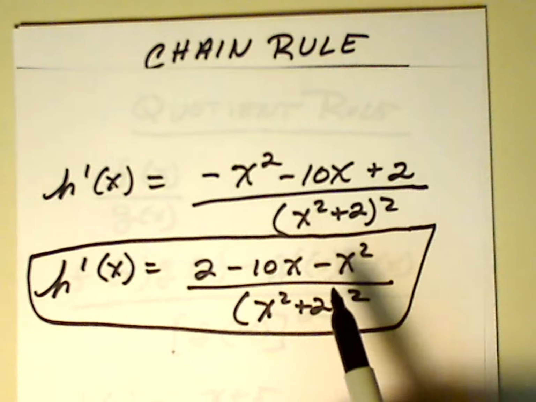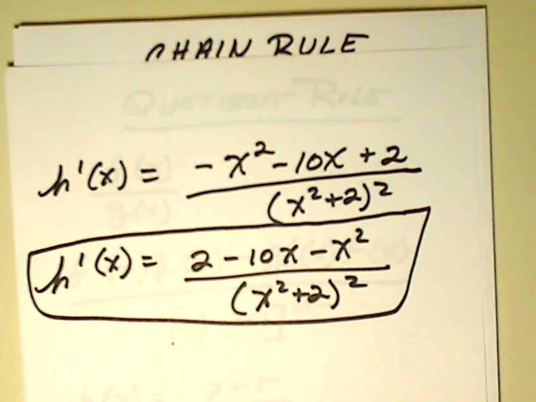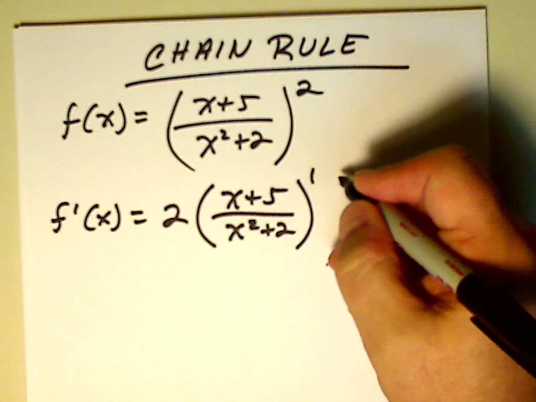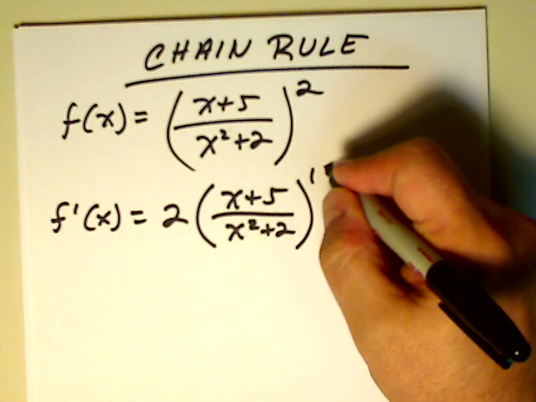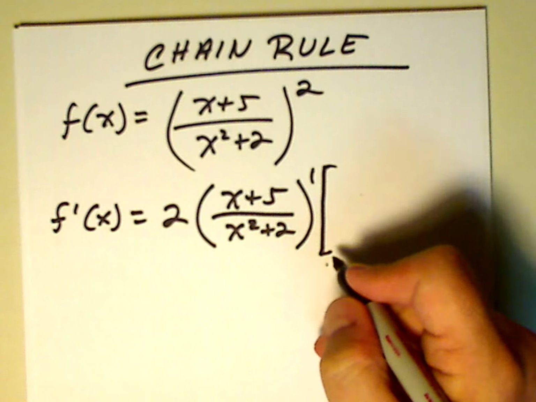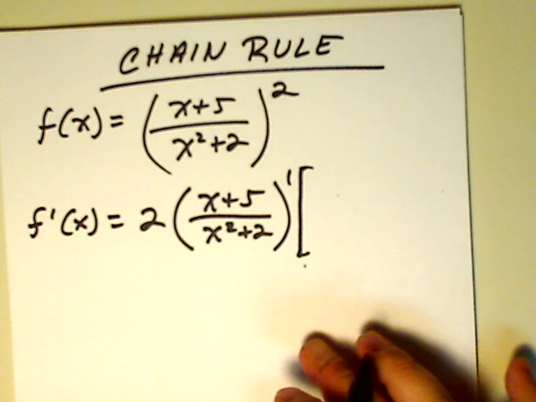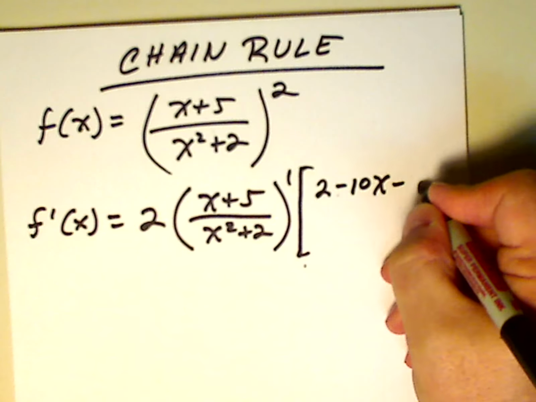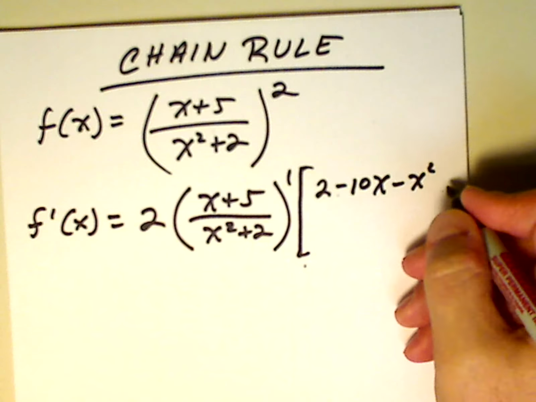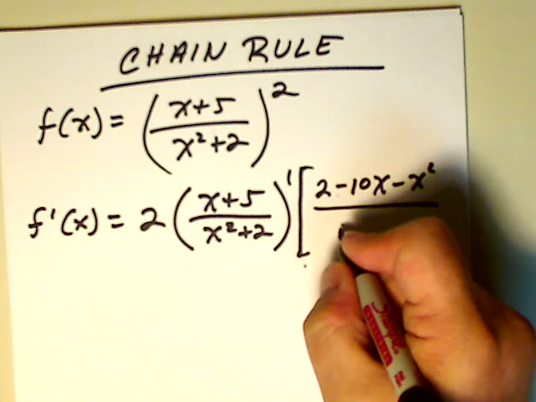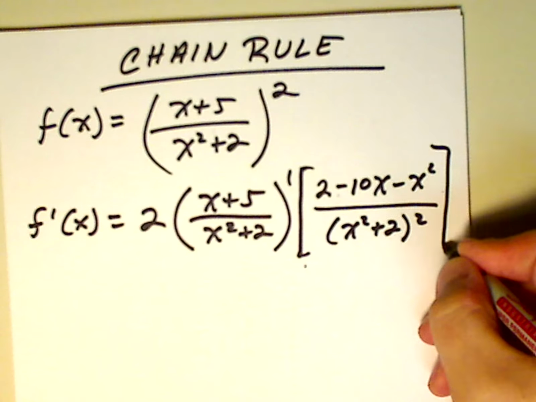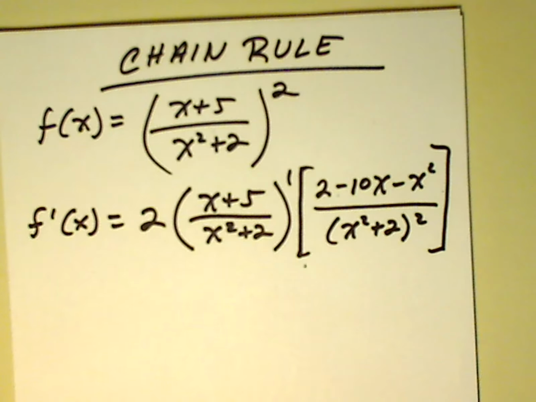And if you recall, that was this right here. So we're going to multiply it by 2 minus 10x minus x squared over x squared plus 2 squared. So I got that to fit. Okay. So this problem isn't too bad.